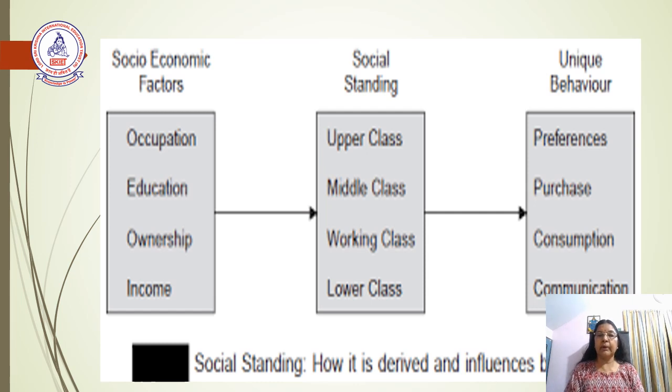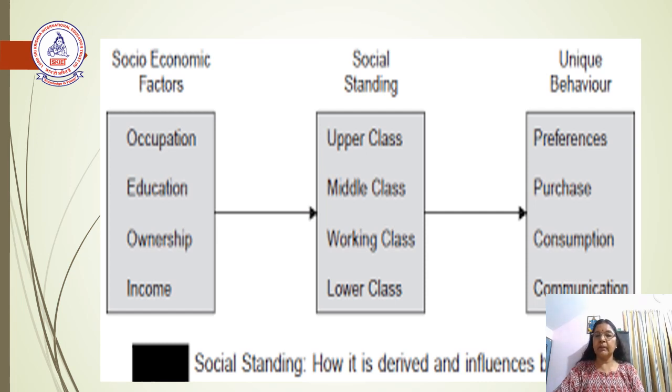Social class is determined by various socio-economic factors, like what your occupation is, what job you are holding, what your education level is, what kind of products you own, and what your income level is. That will determine your social standing, that is your social class, whether you belong to the upper class, middle class, working class, or lower class.